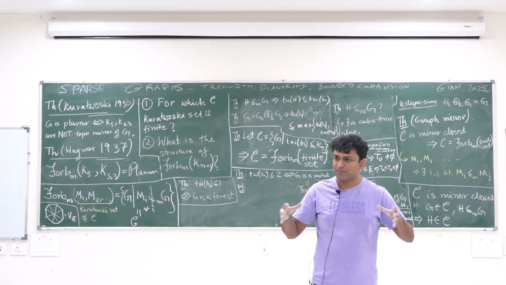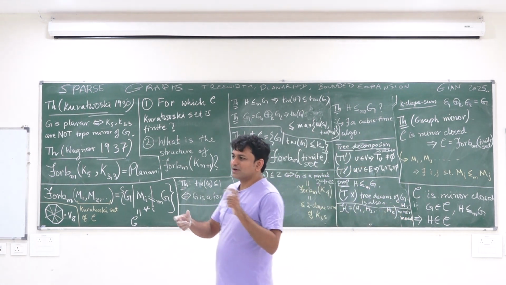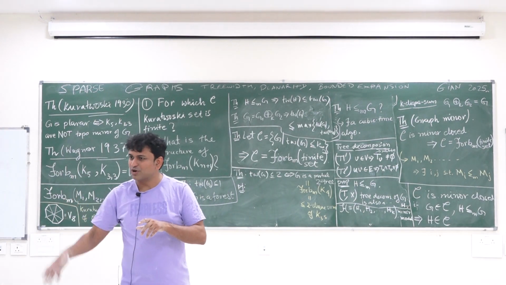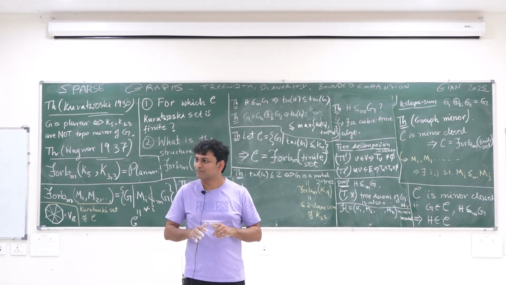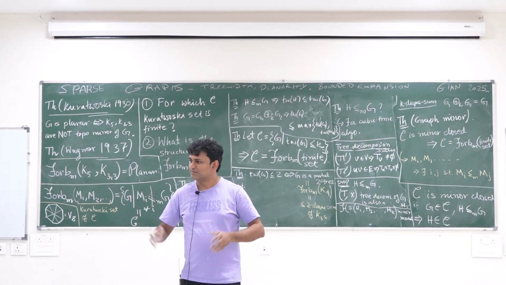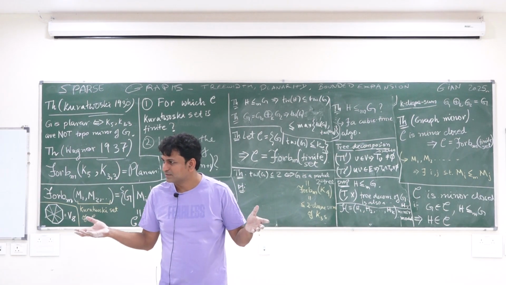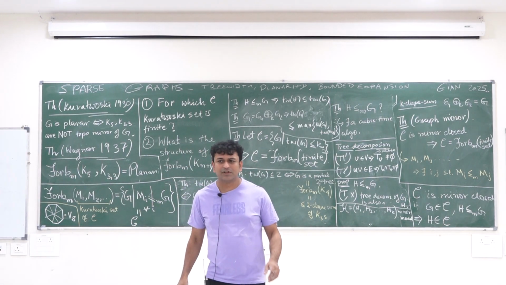This set has the property that Mi is not a minor of Mj, because then I would drop Mj and keep only Mi. Minimal ones, but it may be infinite.